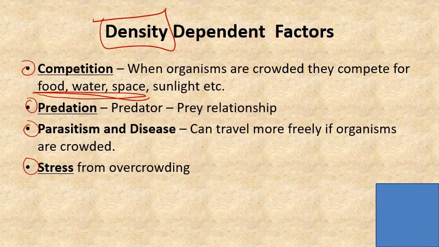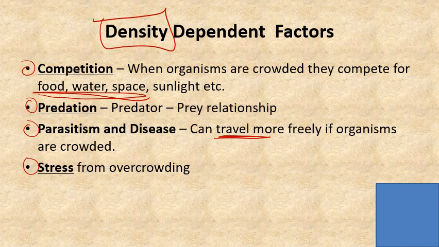Parasites and diseases. Traveling from one organism to another, infecting them, the mode of transmission. If those organisms are closely together, they're easier to be passed between them versus if they're farther spread out. And then you get that stress from overcrowding. So these depend upon density.